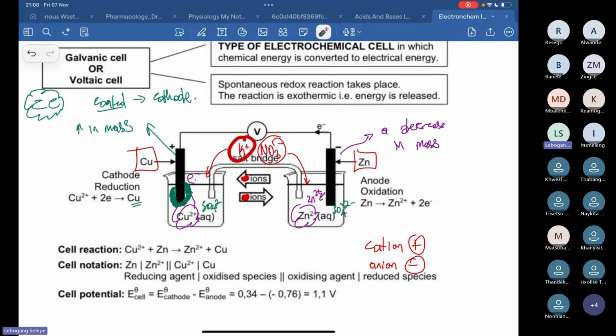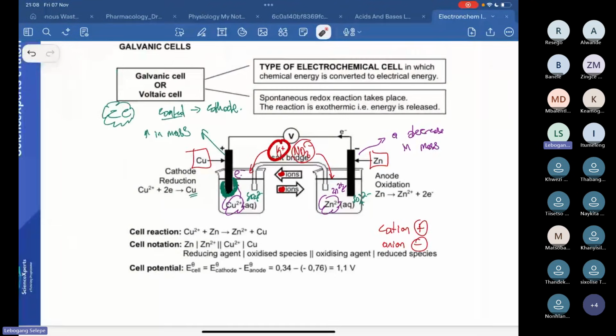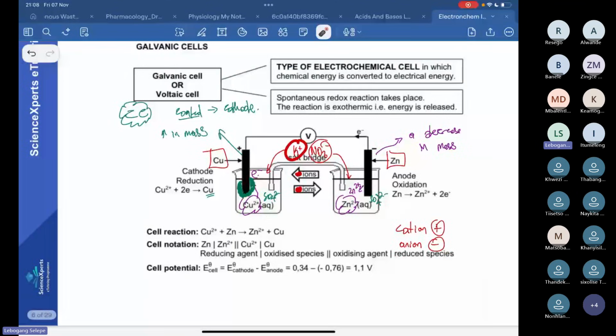So now let's talk about something else, which is called the cell notation. But before that, we need to find the cell reaction, the overall net redox reaction. Remember, what's reacting here is Zn donating its electrons to Cu2+. To come up with the net reaction, we can use the half reactions. This thing here is called a half reaction, and this one here is also called a half reaction.